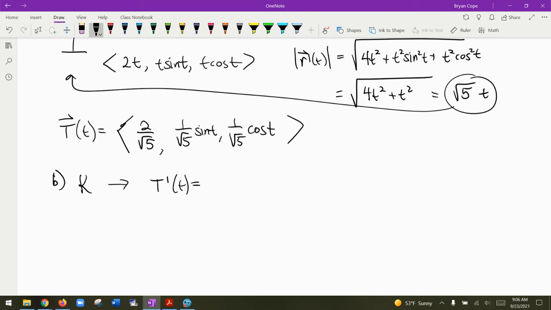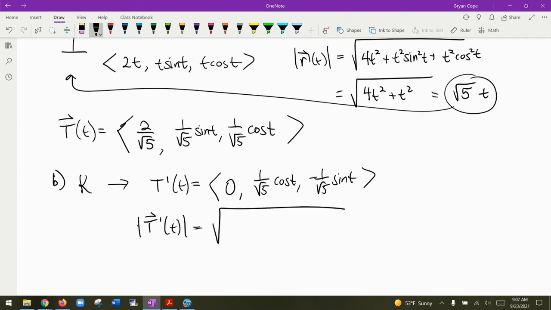So T prime of t is 0, 1 over root 5 cosine t, and negative 1 over root 5 sine t. The magnitude of T prime of t is the square root of 1/5 cosine squared t plus 1/5 sine squared t, which is 1 over root 5.